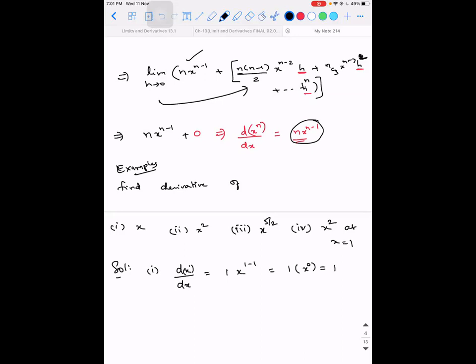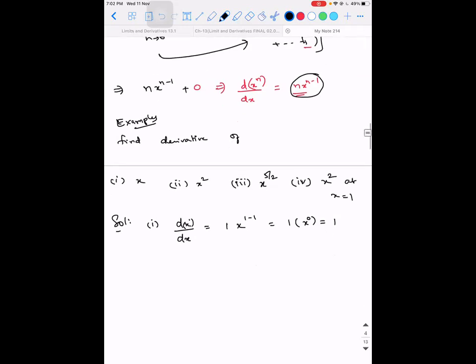Am I right? So remember, the derivative of x with respect to x is always 1. You can remember it like a shortcut also. I just explained what is the reason for it.